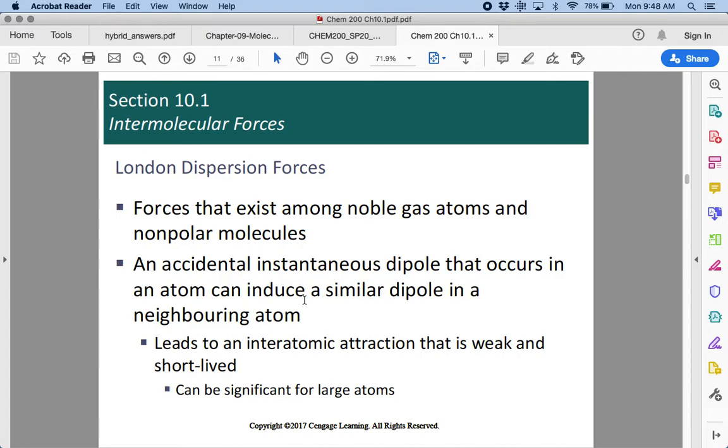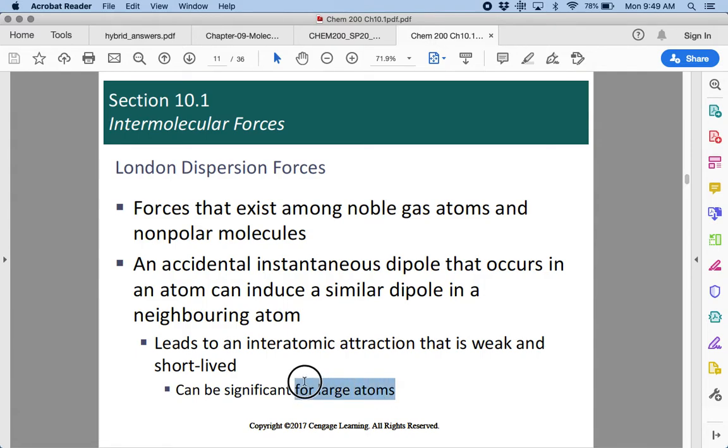And in that instantaneous moment, we would have a dipole. We would have a slightly positive, slightly negative. But in the next moment, it moves. And then maybe the instant after that, they're on the other side of the covalent bond, and we have a new dipole occur. And this constant moving around is a very short-lived dipole. So it's very, very weak because of that.